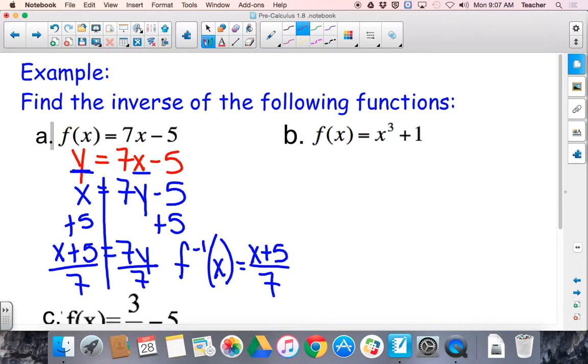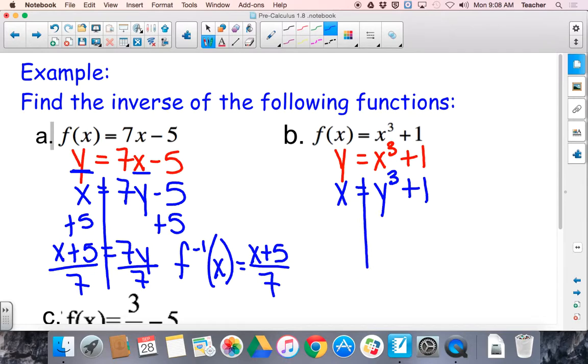Let's try another example. Again, I'm going to replace f of x with y. And now the first step is going to interchange x and y, so changing that y to say x and that x to say y. Again, you're going to solve for y, so getting y by itself.